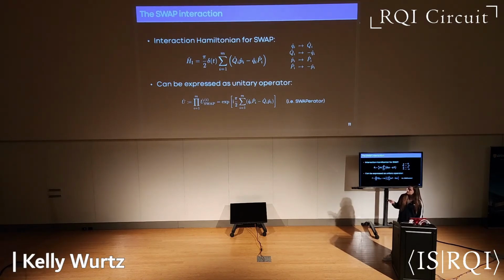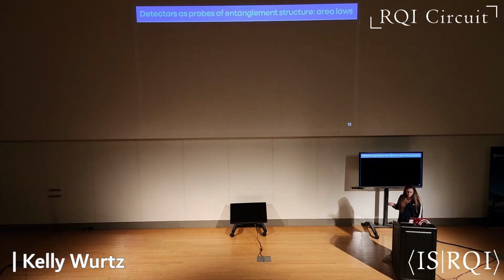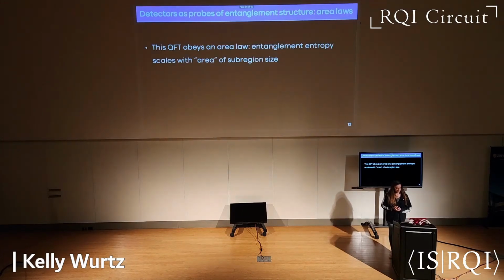But the question remains of how many modes we need in order to capture the entanglement structure of our field. Now for this quantum field, the entanglement structure is that of an area law, which means that the entanglement entropy scales with the area of the subregion size. And again, this is because we only have nearest neighbor interactions, so the vast majority of correlations are right on the boundary.